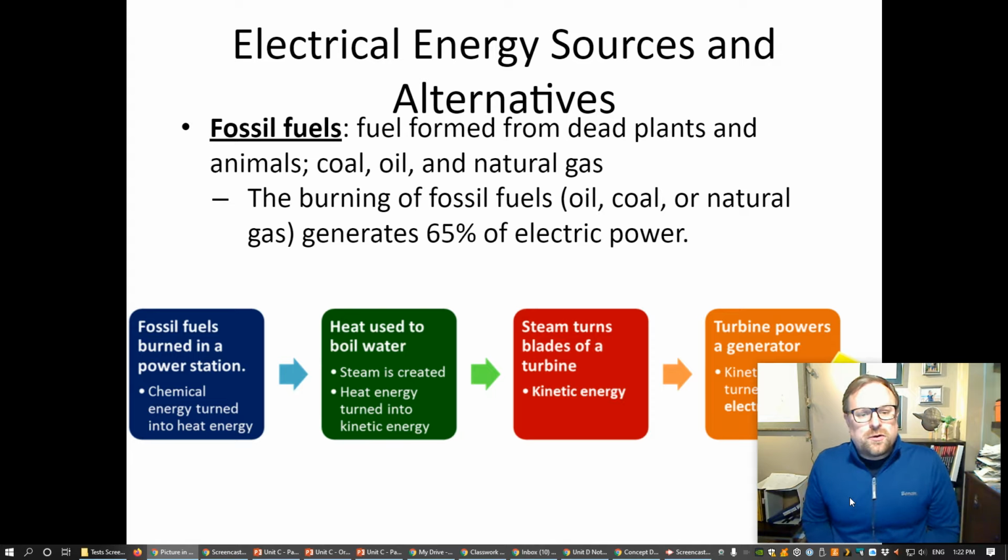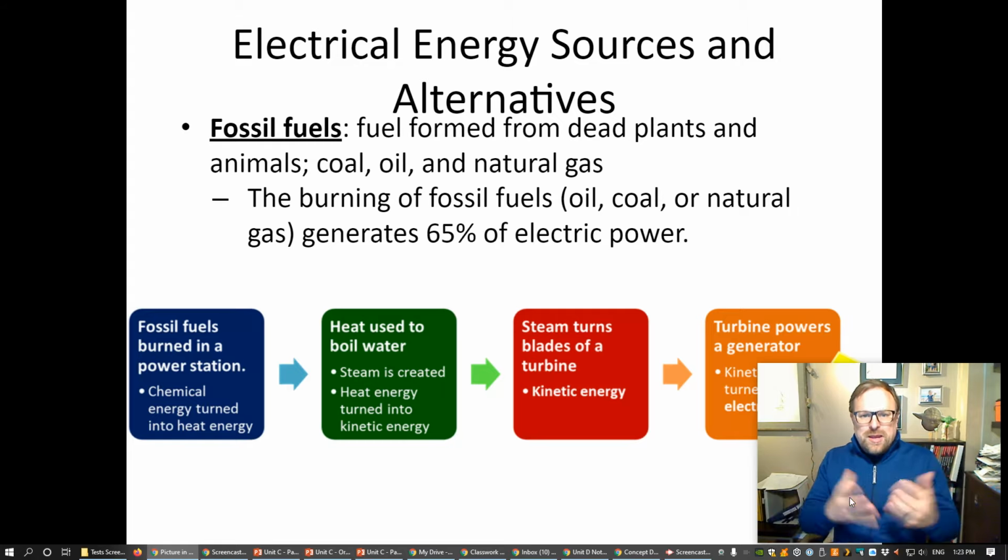So usually what ends up happening is we know that fossil fuels are things like gasoline, coal, oil, natural gas, that were created from dead plants and animals buried for hundreds of millions of years and slowly transformed into these fossil fuels that we either mine out of the ground, like we do up with the oil sands, or we use a sort of oil drilling process or a natural gas drilling process to get them out of the ground. And then what we do is we burn them.